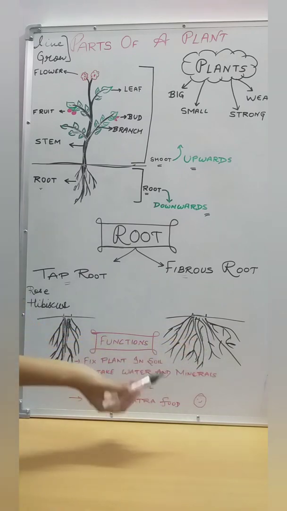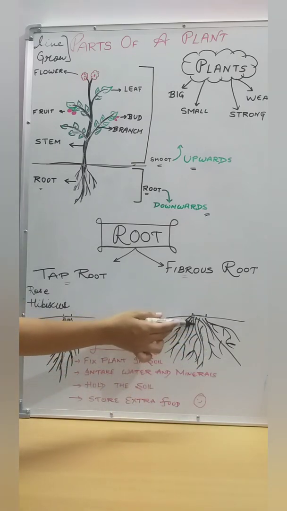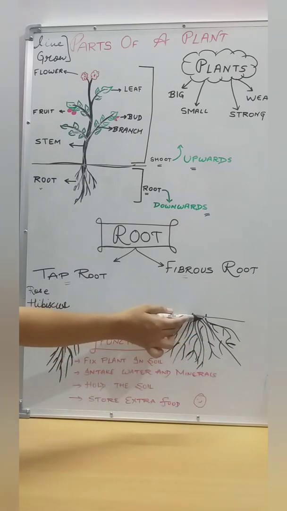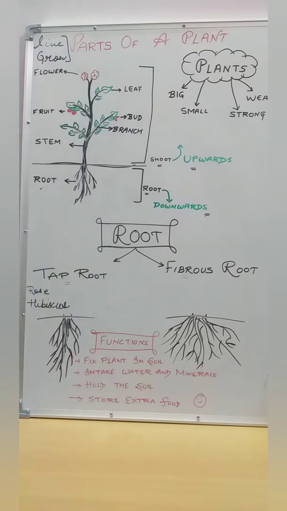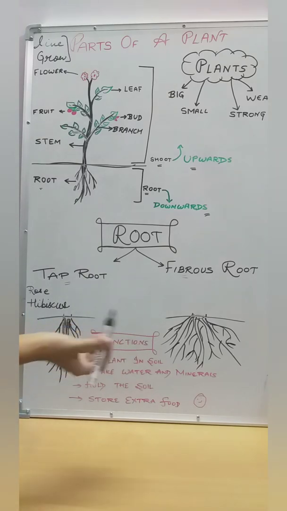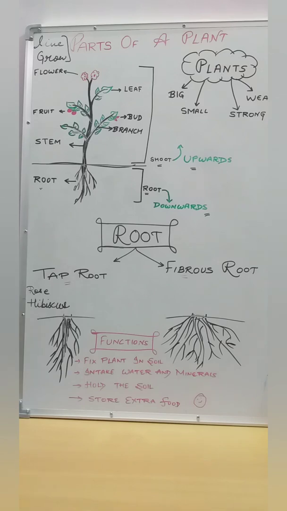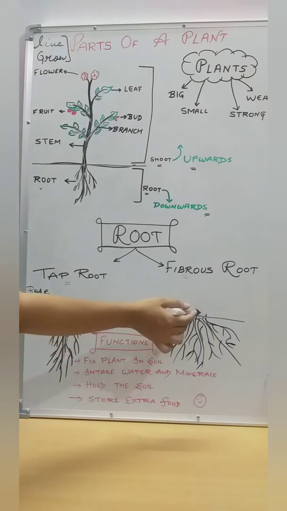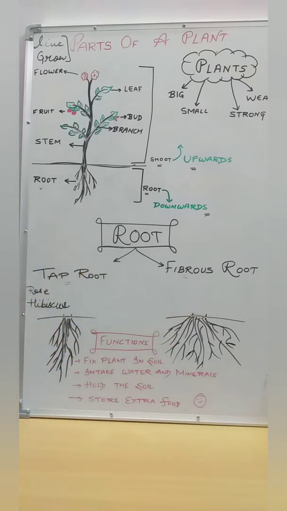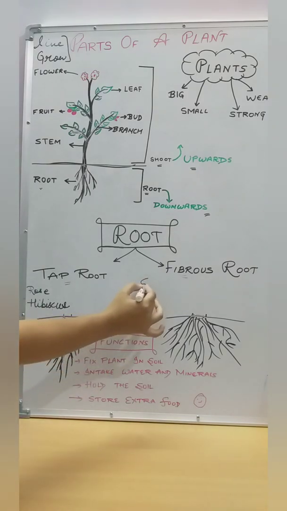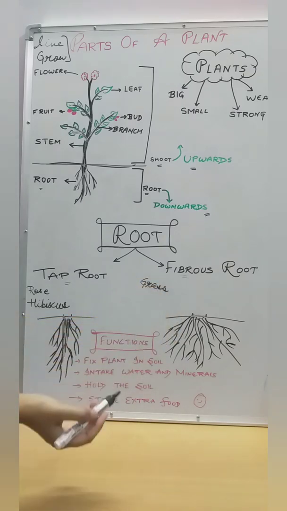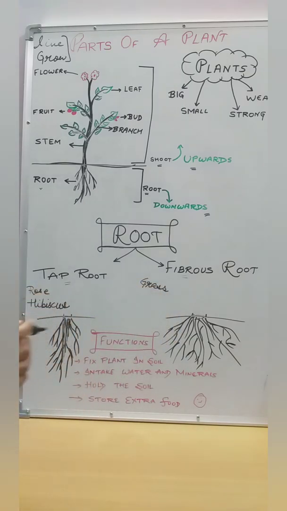All the roots are like fibers. They arise from this end of the stem only. So fibrous root consists of many roots arising from this end of the stem. Fibrous roots are found in many plants, like grass, sugarcane and all these.